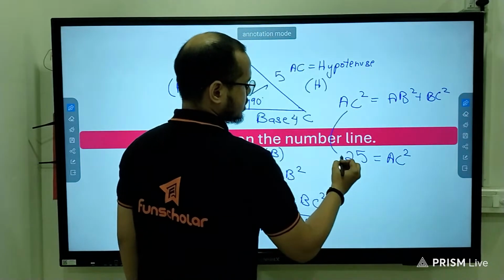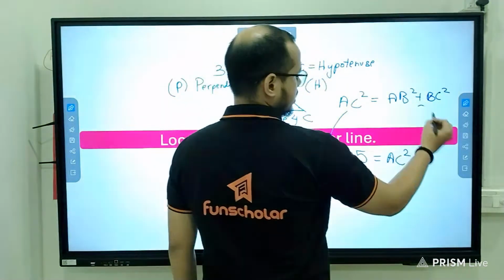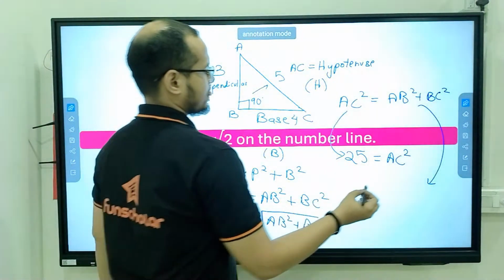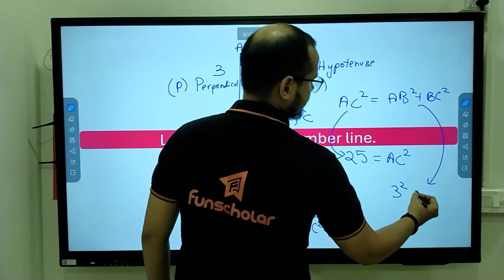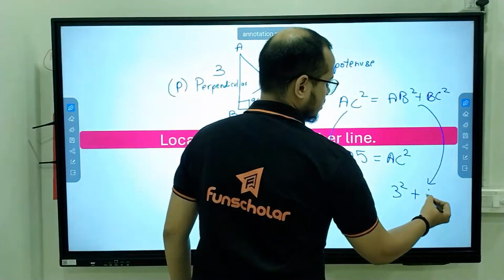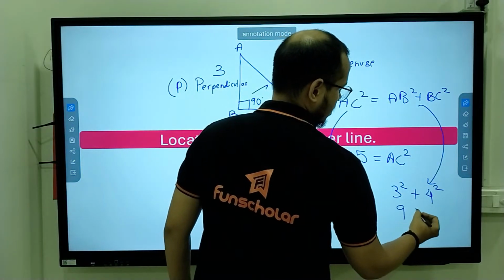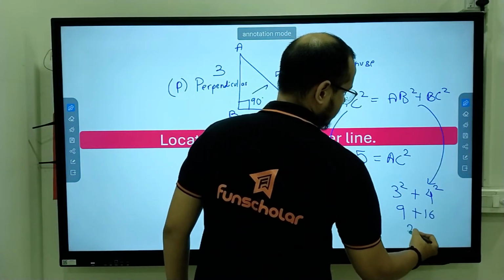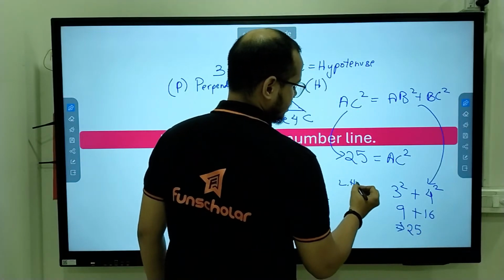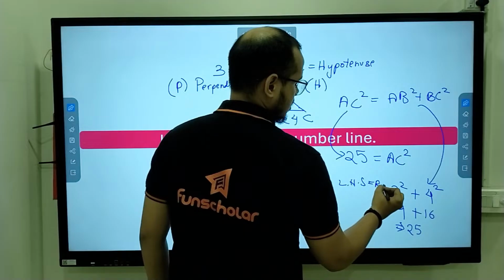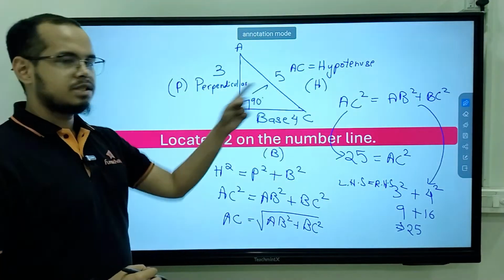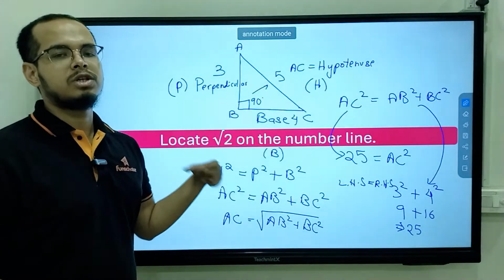We have found that AC square is 25. Now let's find the other side. AB is 3, so 3 square plus BC, which is 4, so 4 square. 9 plus 16 gives us 25. So LHS is equal to RHS. Thus, these three sides are what is known as a Pythagorean triplet.